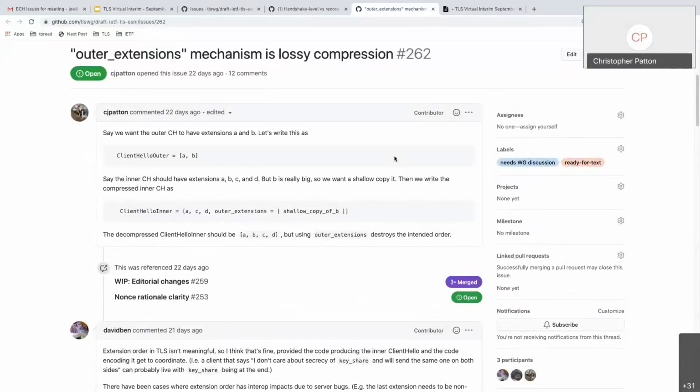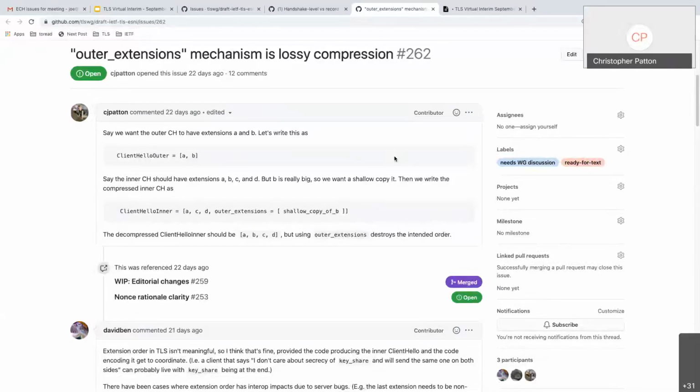262. This is the general extension compression mechanism. Yeah, so the people who have chimed in on this issue all basically agree that we would like the extension compression mechanism to preserve the order of the extensions, which the current mechanism doesn't.